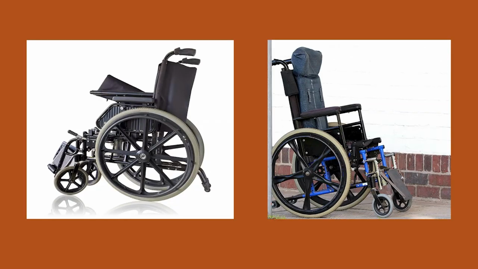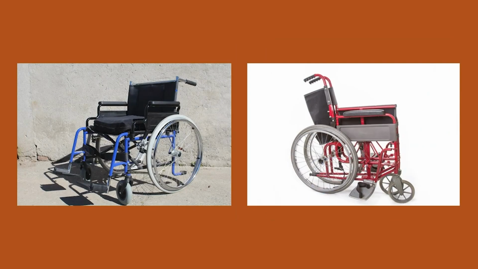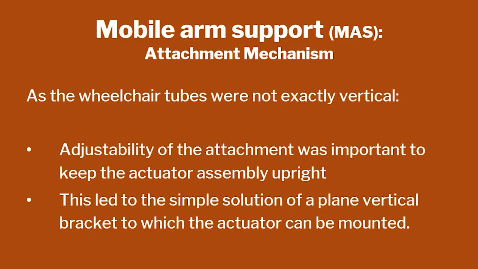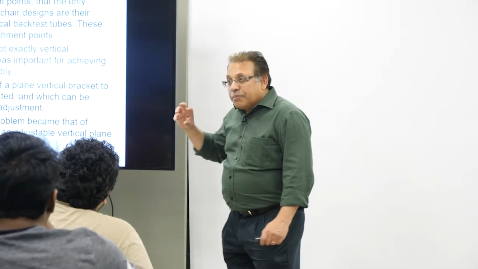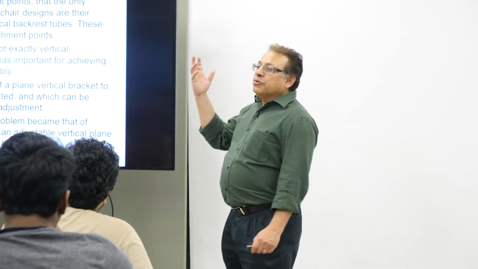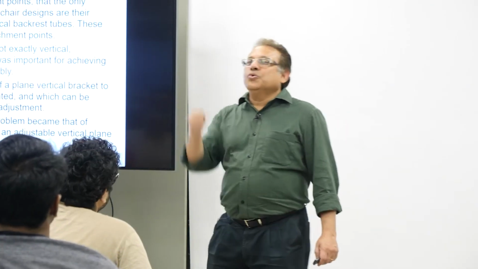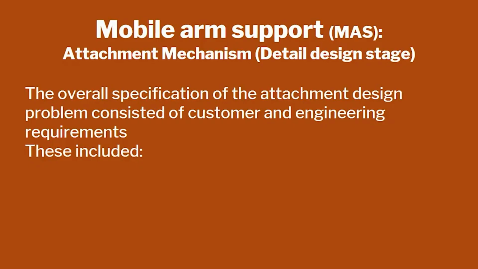We found that there are no common attachment points, the only commonality is that their tubular frames are the only common elements. But these tubular frames have at least one vertical side that we can use. So we decided on a vertical bracket. Therefore the problem became how to connect a vertical bracket to the actuator mechanism.